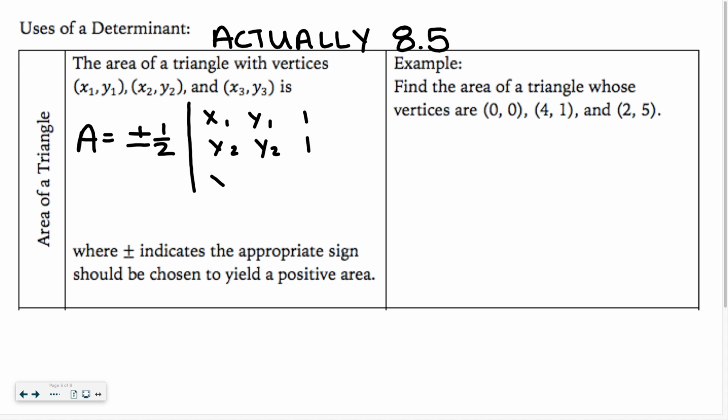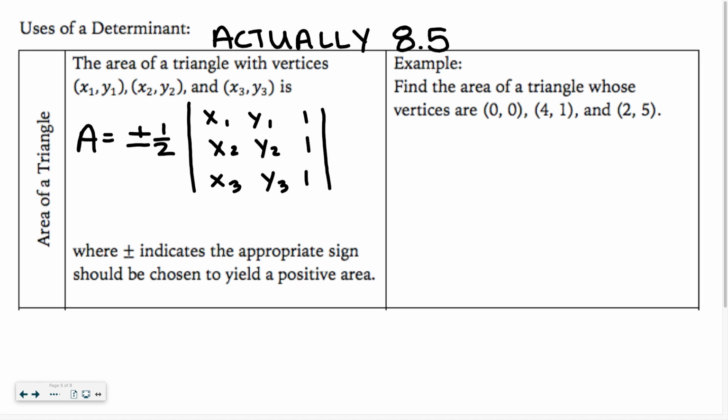And your third point as a row with 1 at the end. So you need a square matrix in order to be able to do a determinant. You have 3 points, so you're going to have 3 rows. So we fill in the final column with 1.